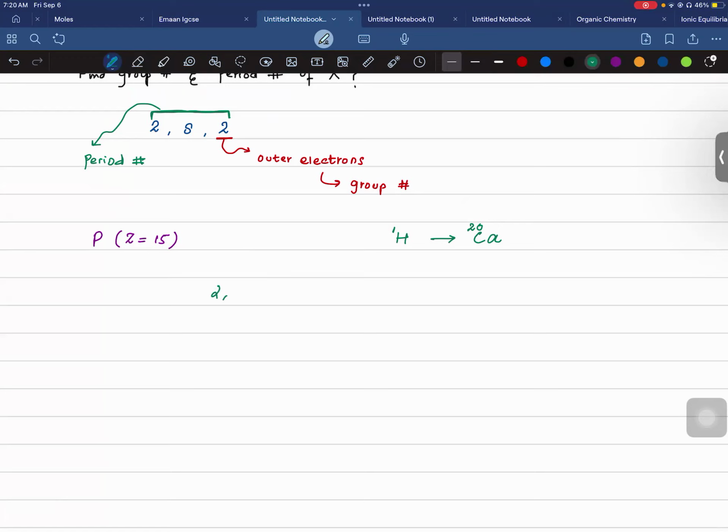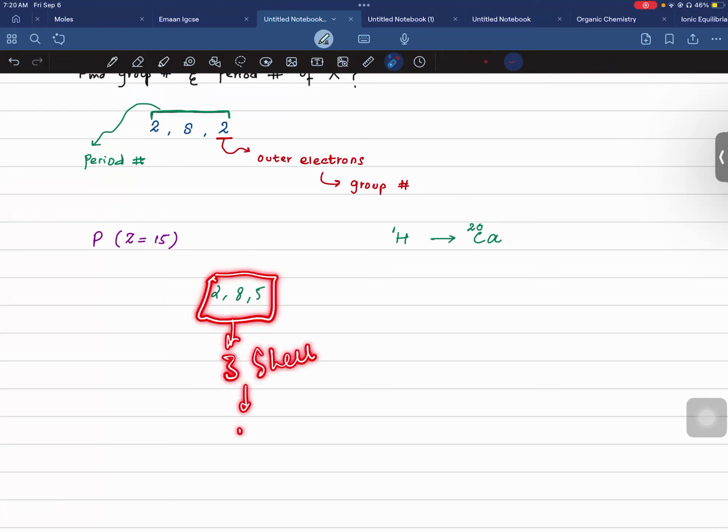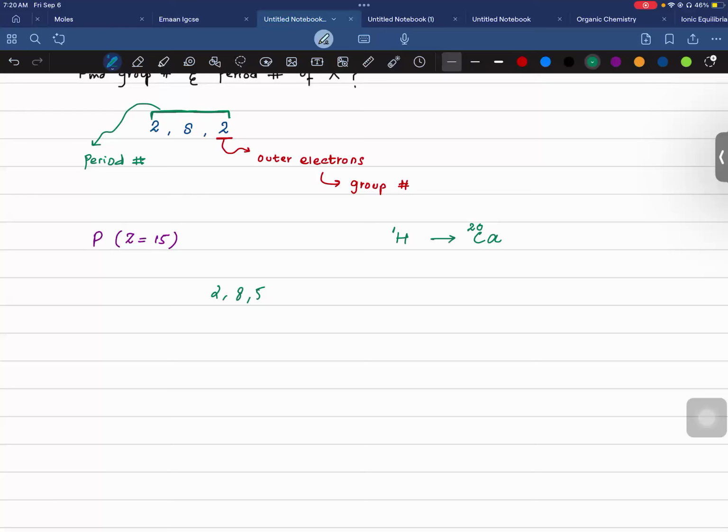This is first, this is second, this is third. So there are three shells, which means it's going to tell you the period number. So P is in period 3 and group 5. Are you getting me?